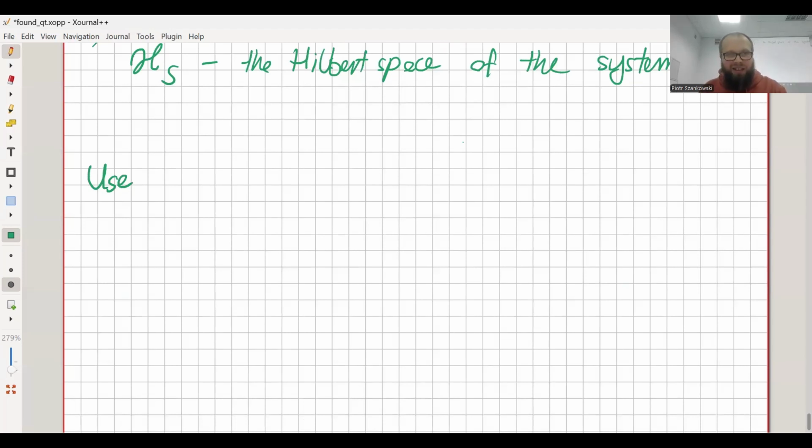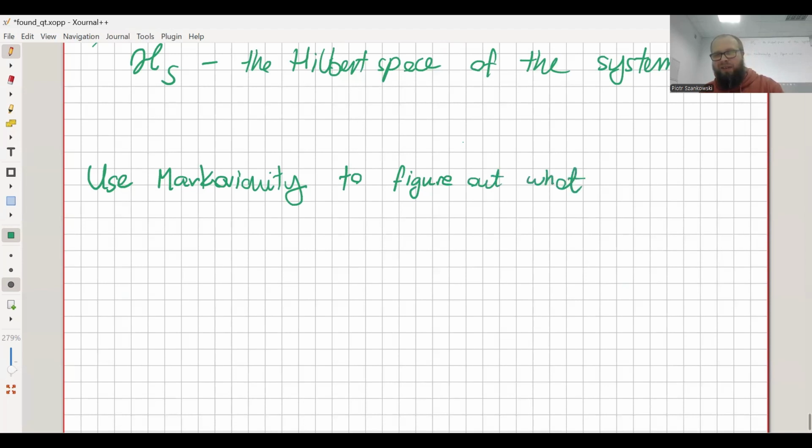Use Markovianity to figure out what rho P is. And this is a grammatically correct sentence. I doubt that. The idea is that we try to find what this rho is.